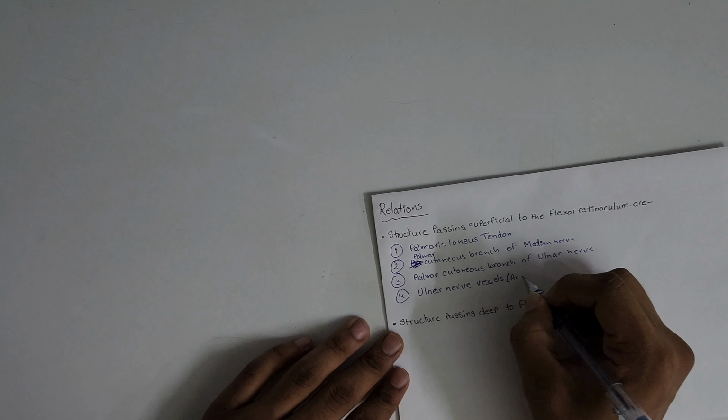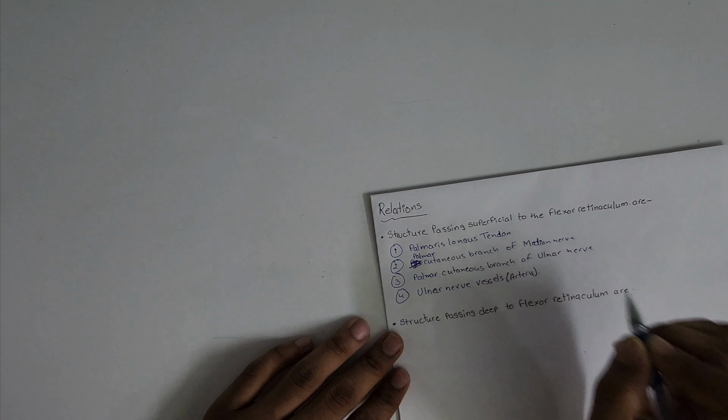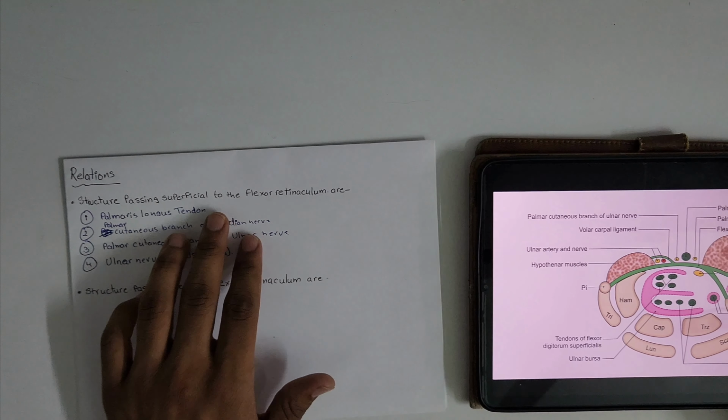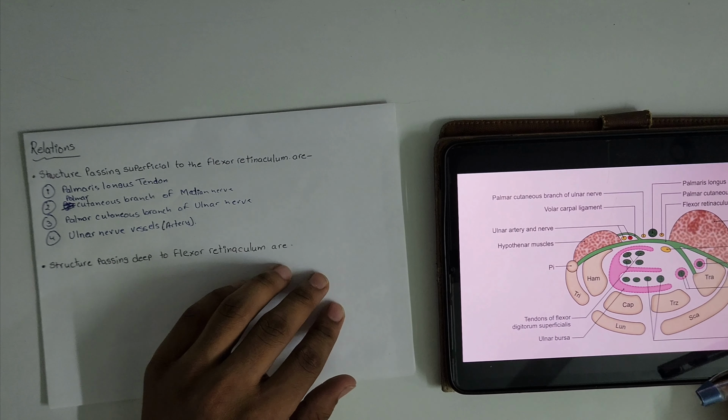In vessels I have artery, ulnar artery and ulnar nerve. So done with the structures passing superficial to flexor retinaculum.